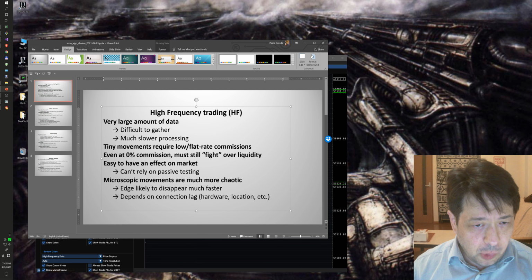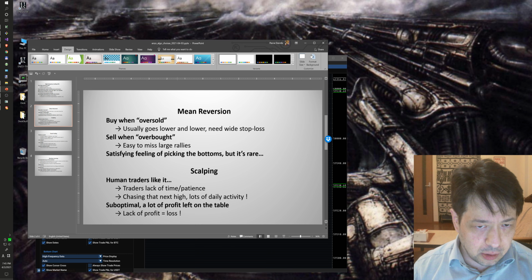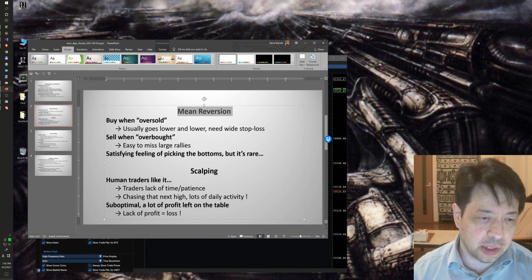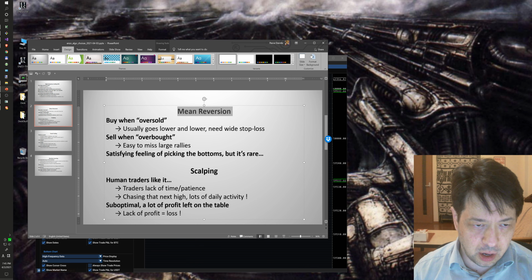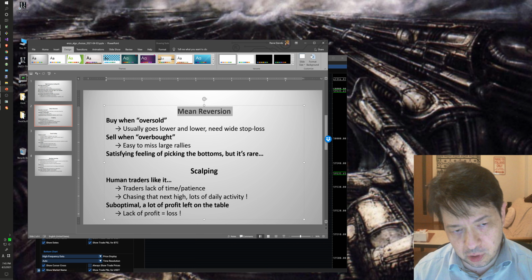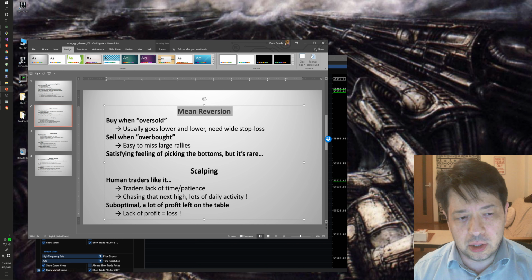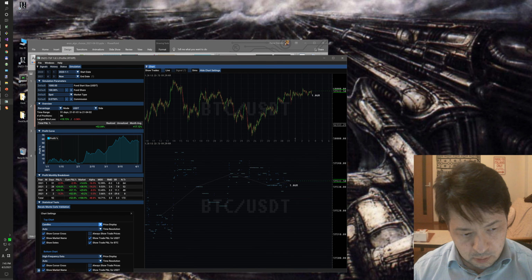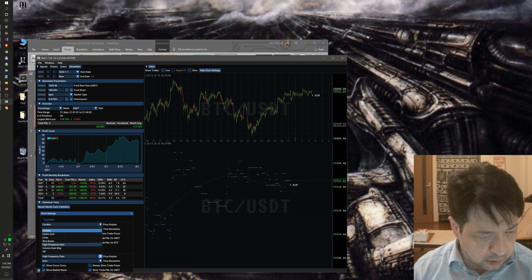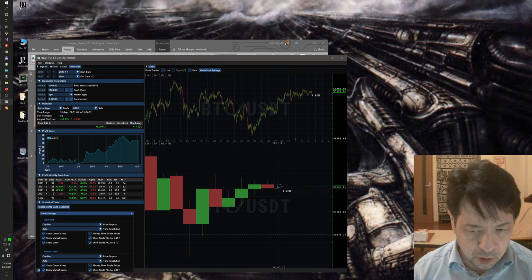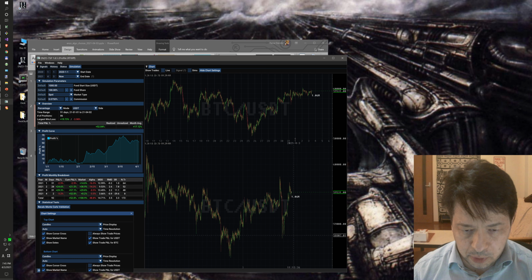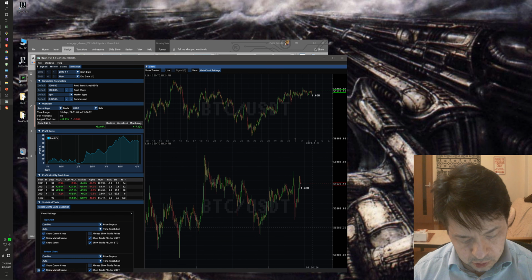So other approaches to algorithms, one classical one is mean reversion. The idea is to buy when the market is, so to speak, oversold, and sell when it's overbought. Generally one uses a median average.